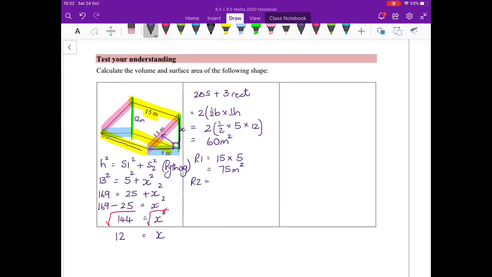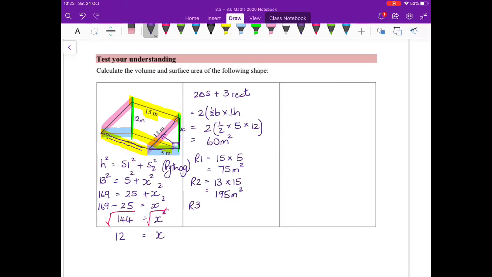Rectangle 2 is going to be the pink multiplied by the yellow. My pink was 13 multiplied by the yellow, which was 15, and if I use my calculator, 13 multiplied by 15 is 195 meters squared.